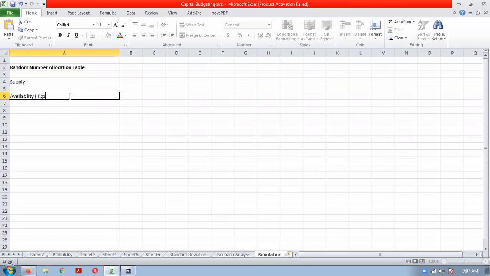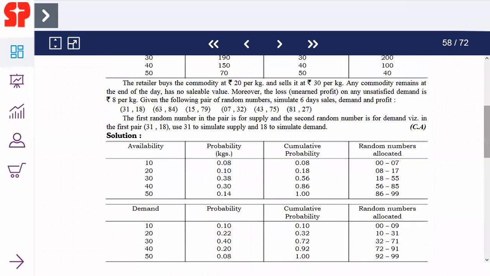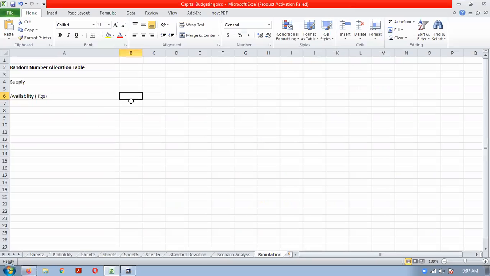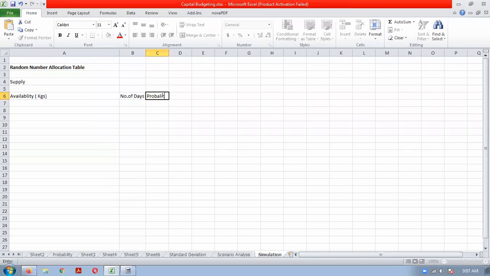Rupees, kgs, number of days it is available, probability value, then cumulative probability, then random number.